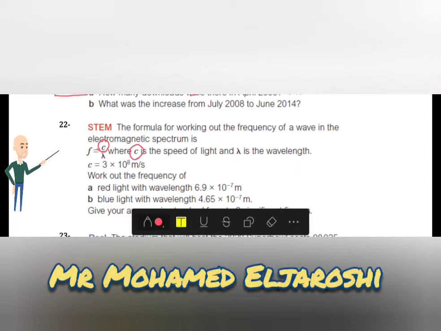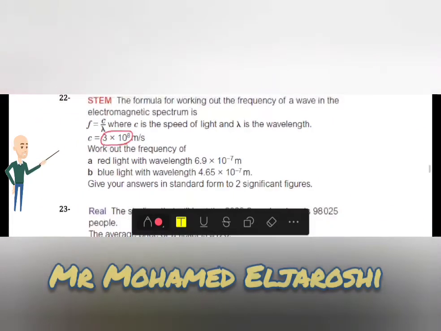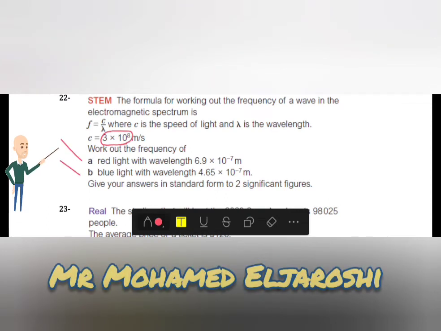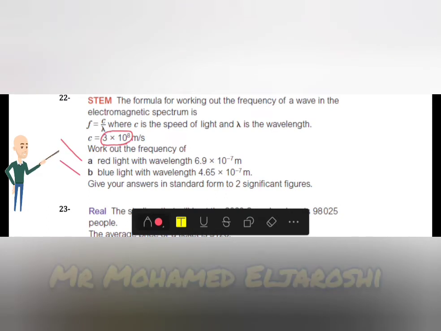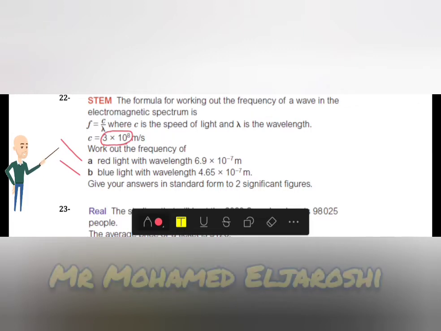Now, in the question, they gave us the speed, which is 3 multiplied by 10 power of 8 meters per second. Now, work out the frequency of this wavelength A and this wavelength. So the idea is we just take the speed and divide it by the wavelength.